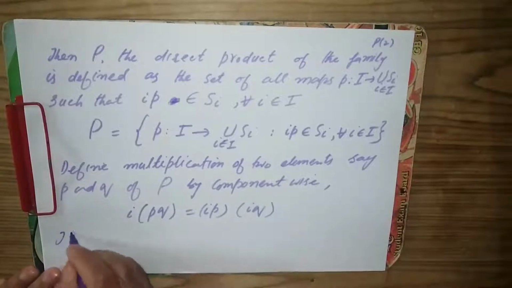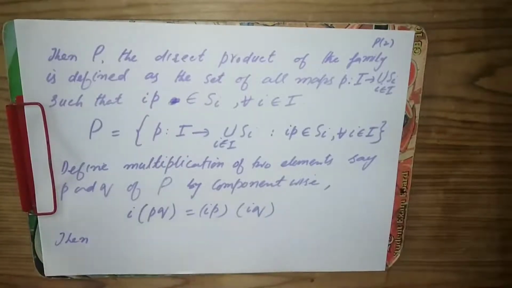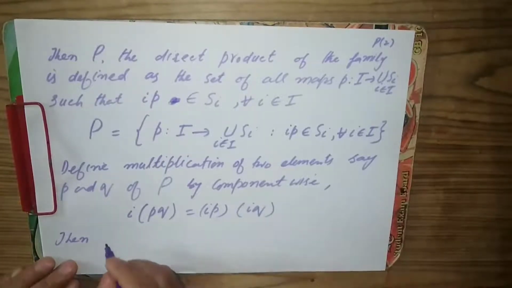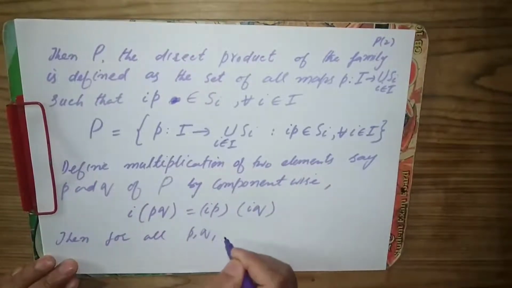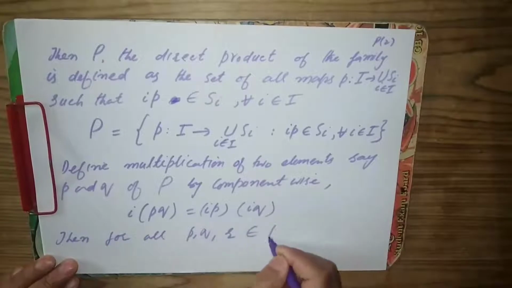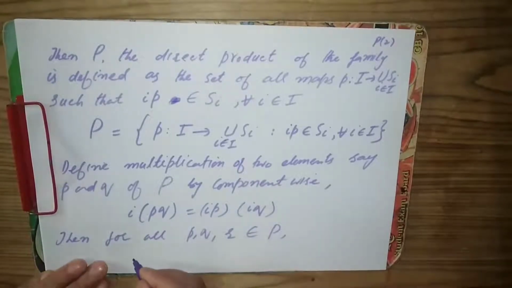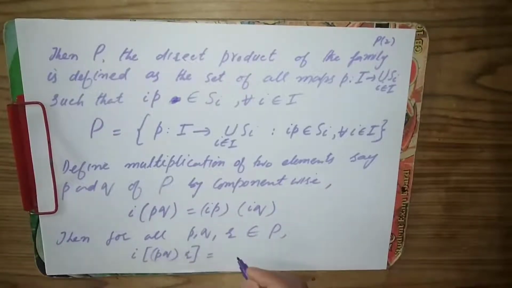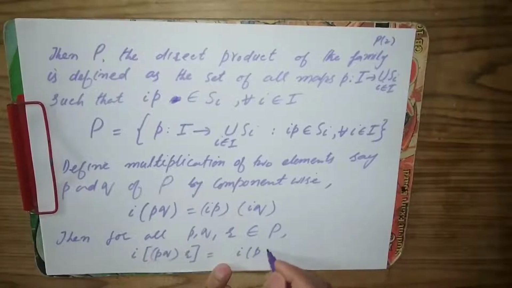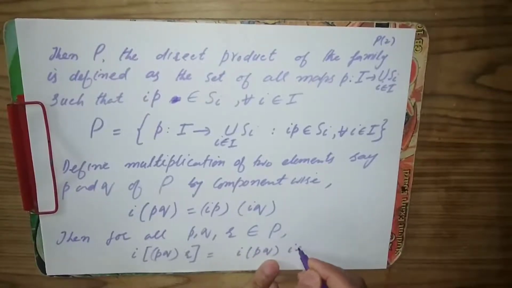If you take three elements, then for all p, q, r in P, we have (pq r)(i) is equal to, by definition, (pq)(i) into r(i).